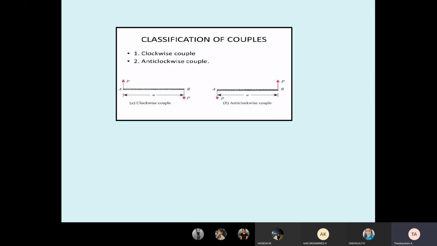When rotating, the right hand goes forward, the left hand goes backward. So equal forces, so it's called a couple. Couple means rotating. Moment means turning. Therefore couple moment equals P into A. There are two couples, clockwise couple and anti-clockwise couple.